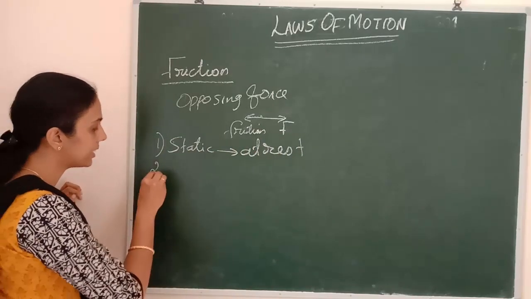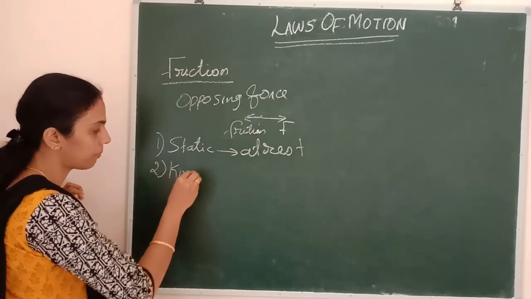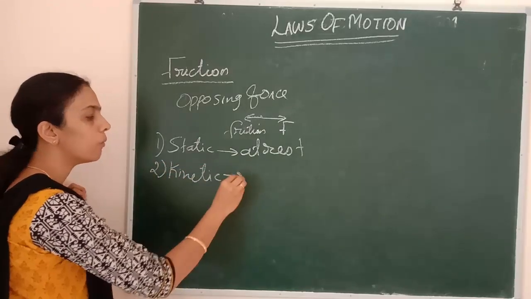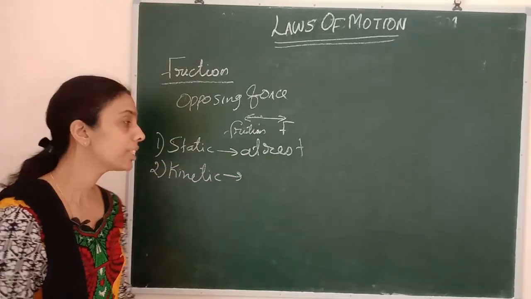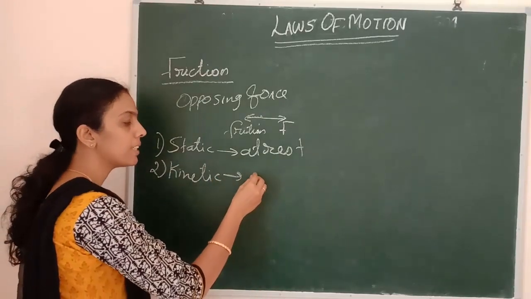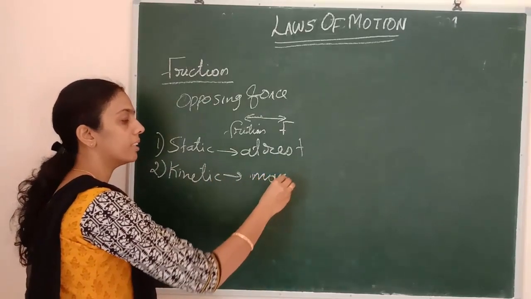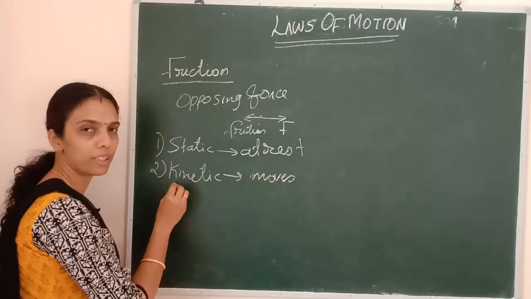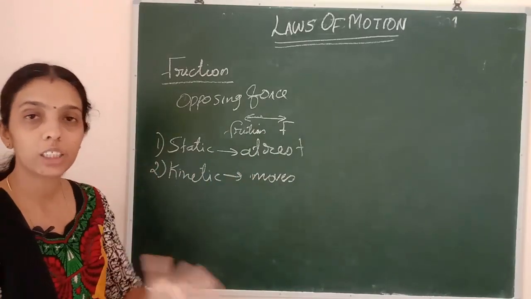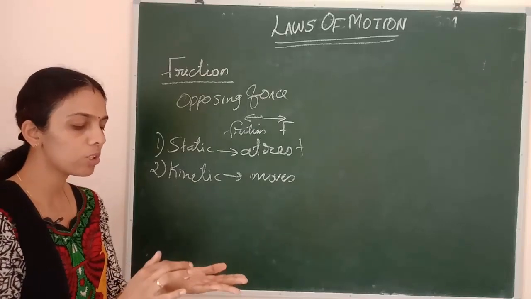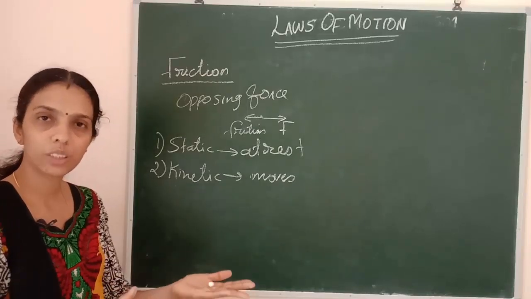Okay, next is kinetic friction. When one object moves over the other, at the time of movement, what is the frictional force acting on the object? If the object is moving also, it will have a frictional force, isn't it?